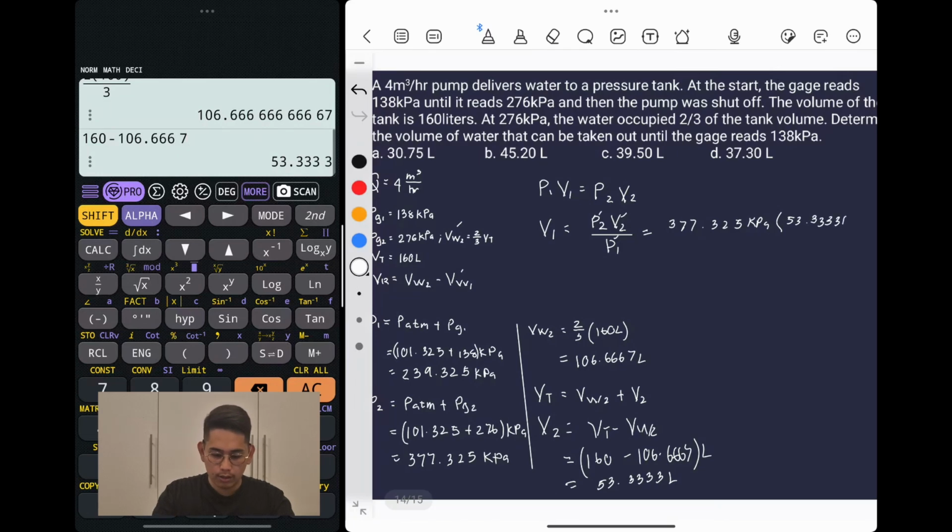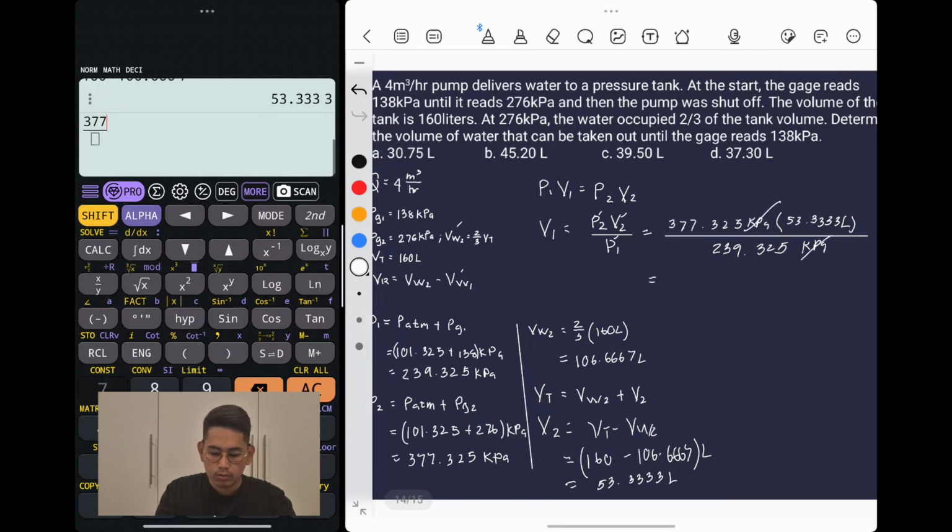Let's substitute the answers we got. For our P2, we have 377.325 kPa times the V2, 53.3333 liters, all over P1, which is 239.325 kPa. We cancel the kPa because they are the same.